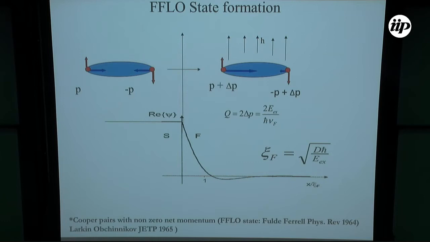You have a Cooper pair, you have two spins in opposite directions. When it enters the ferromagnet, there is an imbalance because this spin is pointing in the direction of the exchange field, and this other one is pointing in the opposite direction of the exchange field. So the exchange field is not going to flip the spin, but it's going to create an imbalance in the momentum. So you have the so-called FFLO state, in which Cooper pairs have non-zero net momentum when they are inside the ferromagnet.